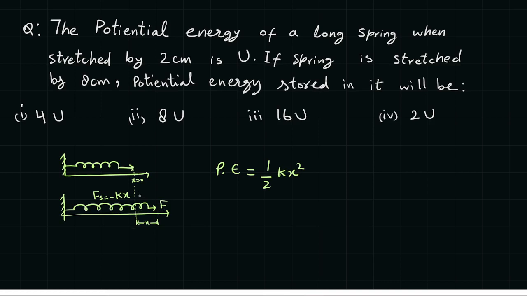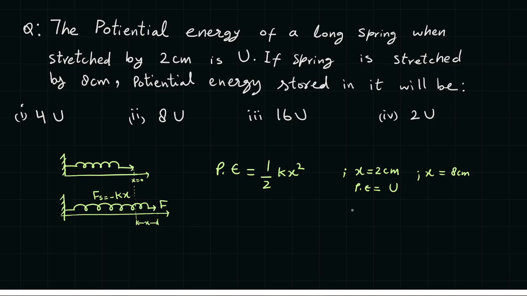Now, coming back to the question, x is 2 centimeters, and the potential energy stored by the spring is U. Now, when x is 8 centimeters, we have to find the value of potential energy.